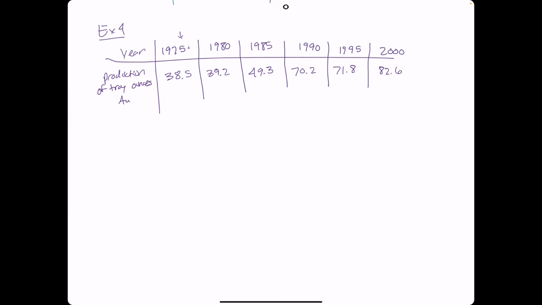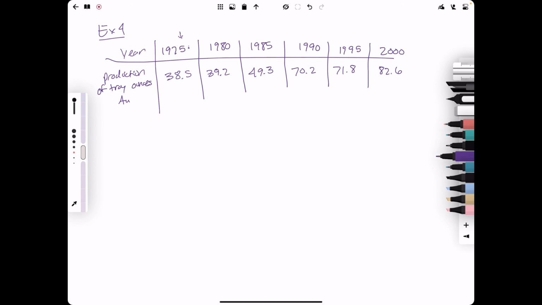So instead of entering 1975 in your calculator for list one, I want you to enter 0 for 1975, and then 5, 10, 15, 20, 25. That kind of makes sense. You have to have a starting point, and you don't necessarily want to use years because it makes the equations wonky.